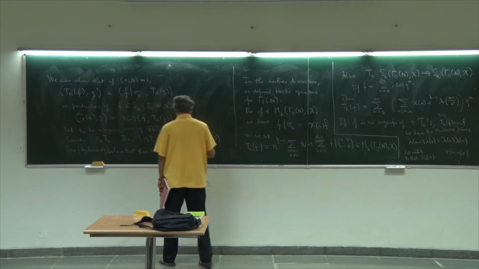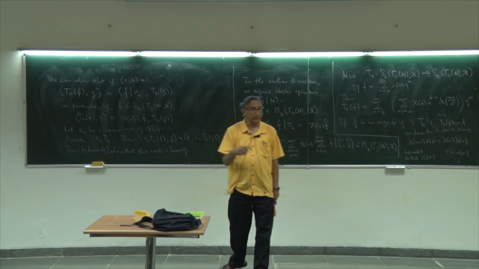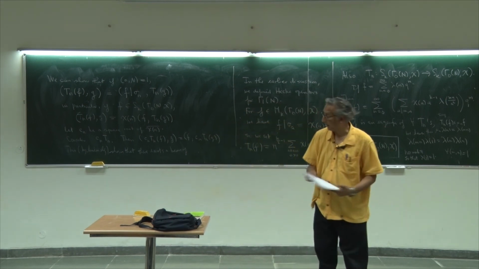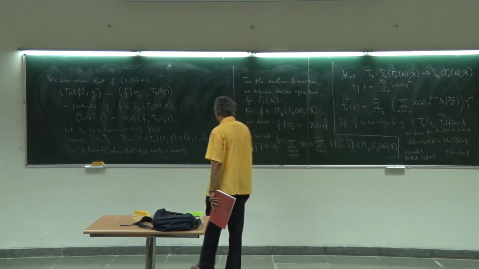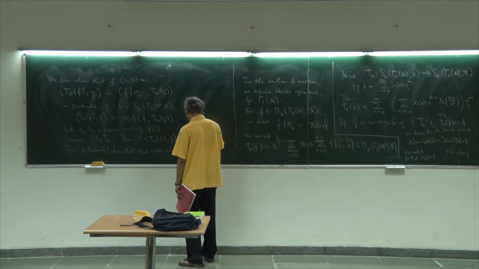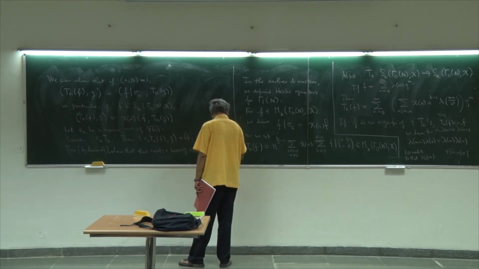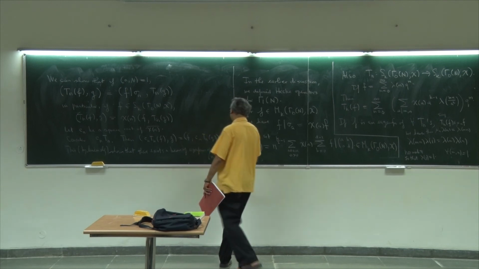By the way, I haven't discussed commutativity of operators, but the operators are commutative, so let's not worry about that. You have a commuting family of operators, so you can simultaneously diagonalize. There exists a basis of eigenforms of Cn Tn, but n and capital N relatively prime.